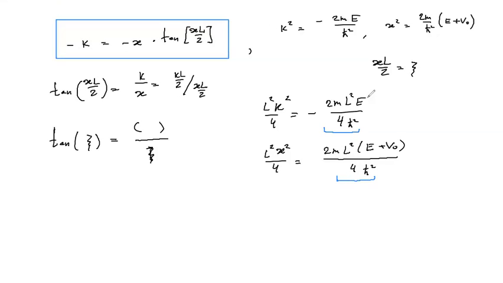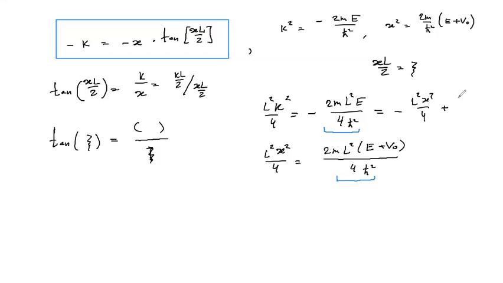Keeping this in mind, I can say that this guy would be equal to minus L square kappa square over 4, because it's a minus of this part. But when you subtract it, you also have the V naught part, which you have to remove.